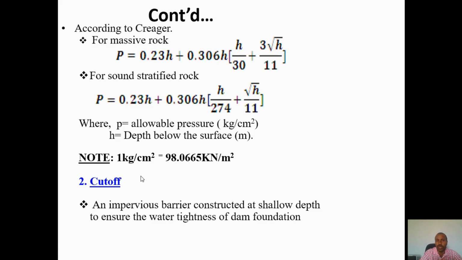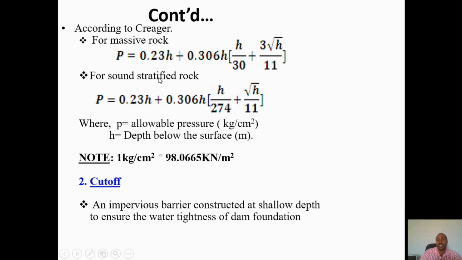So you have a formula for curtain grouting. According to Krieger, for massive rock, you will use this equation: P = 0.23h + 0.306h × log(h/30 + 3√(h/11)).